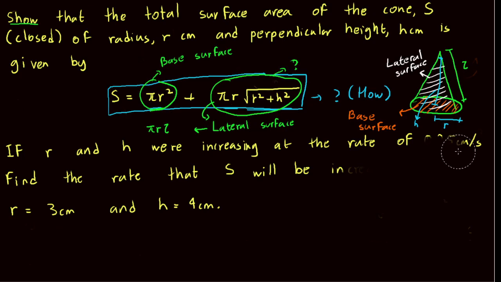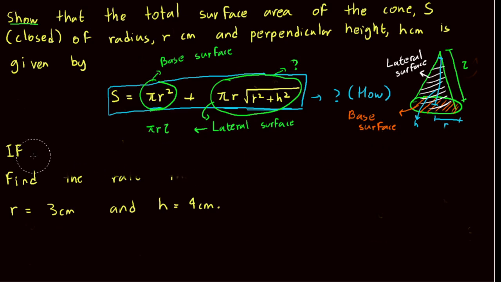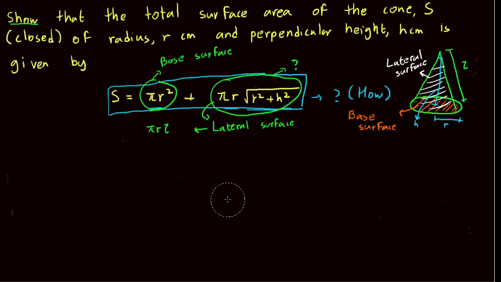Okay, I'm going to erase it right now, because we're going to do it step by step. For any cone, like I said earlier, the surface area is pi r squared plus pi r l, where l is the slant height.